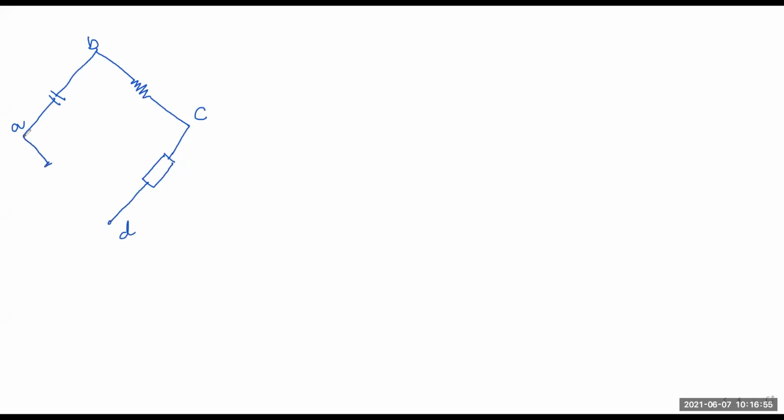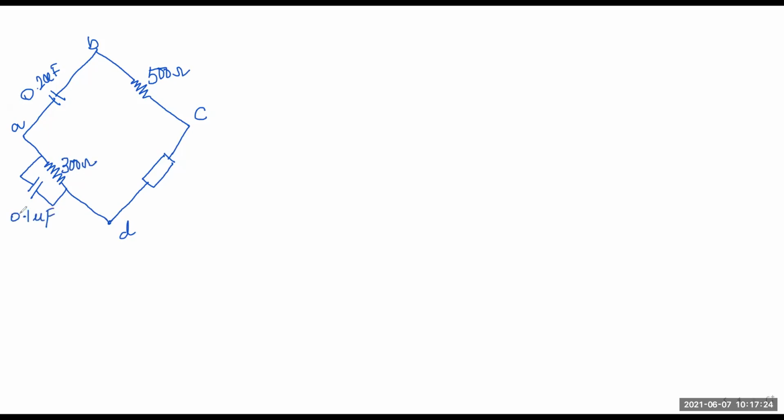my resistance here is in parallel with what? With a capacitor, right? So I can write here, it was 0.2 microfarad, and this resistance is 500 ohm, that is unknown. And here also this resistance is 300 ohm, and this is 0.5 microfarad.